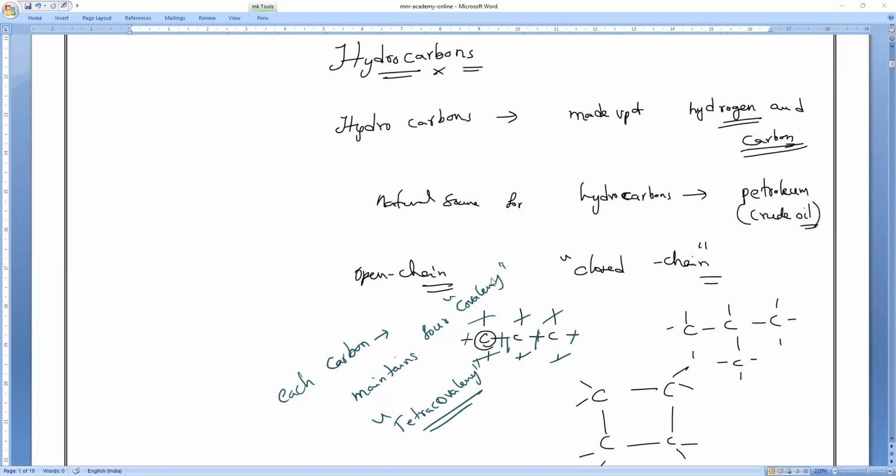Now, in hydrocarbons, if I replace one hydrogen or more than one hydrogen with some other element, maybe oxygen, sulfur, chlorine, or some other element, that is the only way to get derivatives of hydrocarbons, by replacing hydrogen, not carbon.